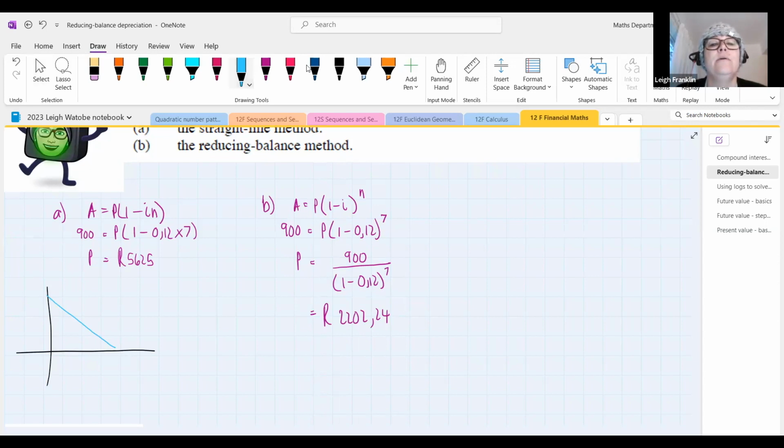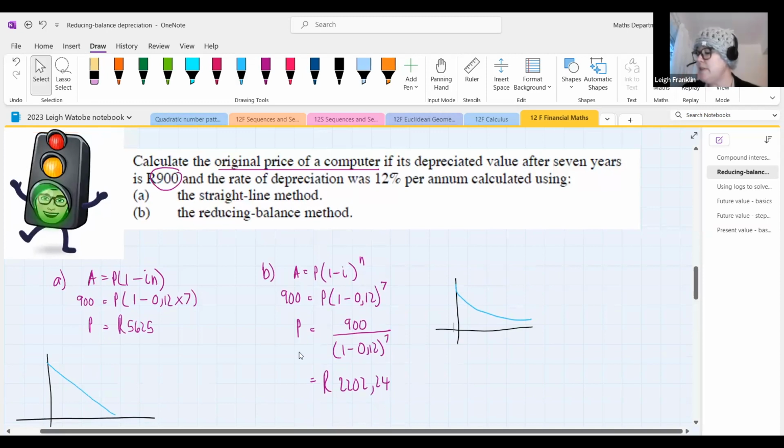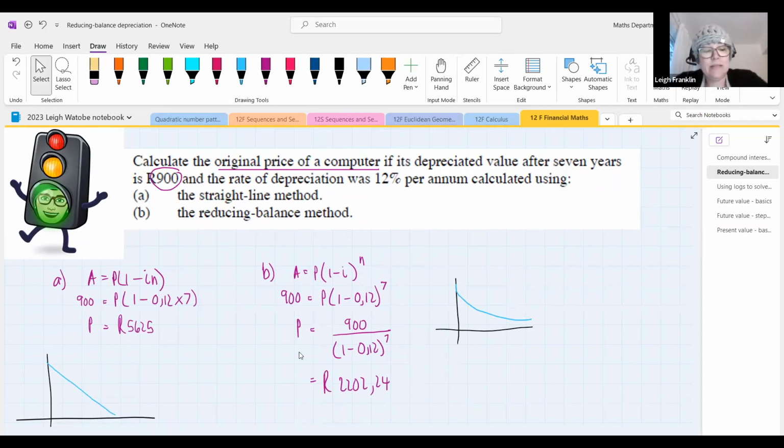Here in reducing balance depreciation, if those are your axes, then your asset is depreciating like that. That's why they're different. The straight line method is a different method to the reducing balance method. That's why we get two different answers. So you can see when something depreciates, it's better for it to depreciate on a straight line basis because it loses its value slower than on the reducing balance method. Does that make sense?